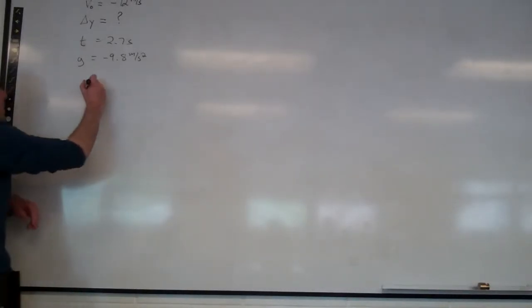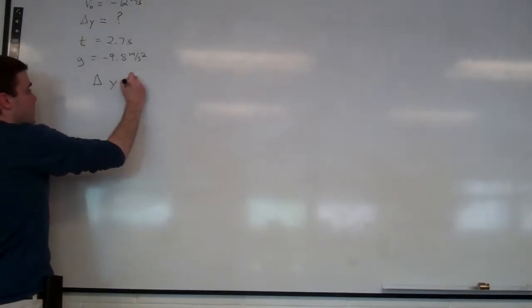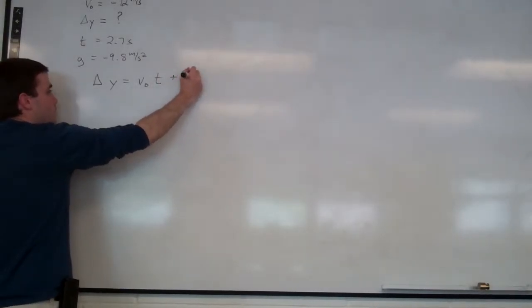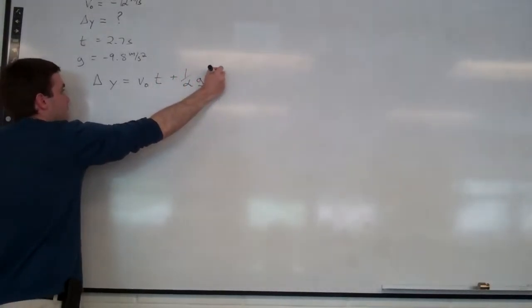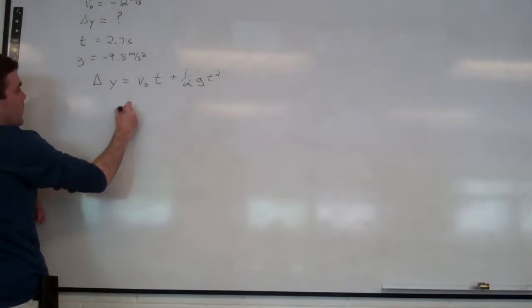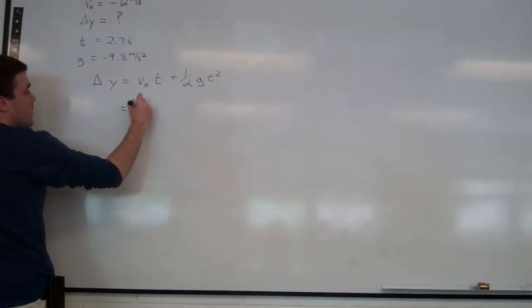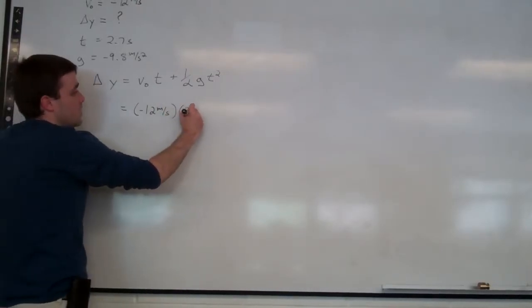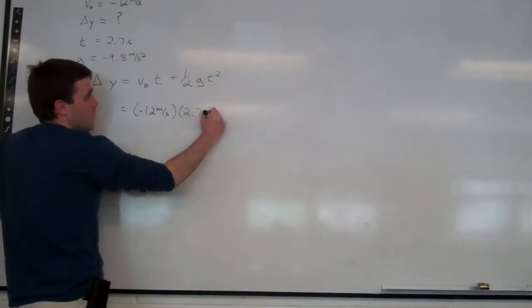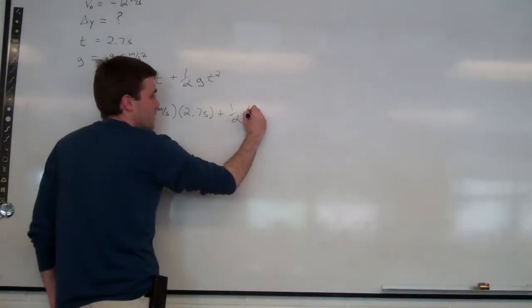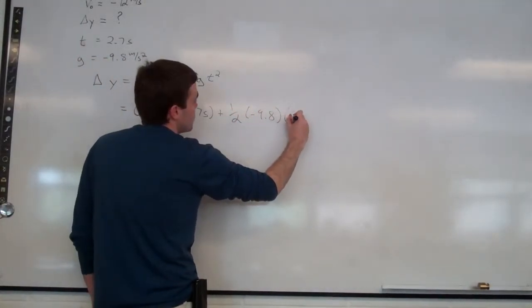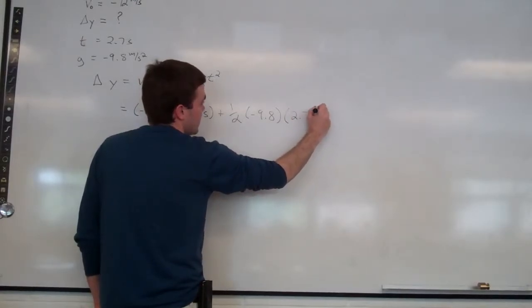Delta y equals v initial t plus 1/2 g t squared. Alright, so we end up with negative 12 meters per second times 2.7 seconds plus 1/2 times negative 9.8 times 2.7 seconds squared.